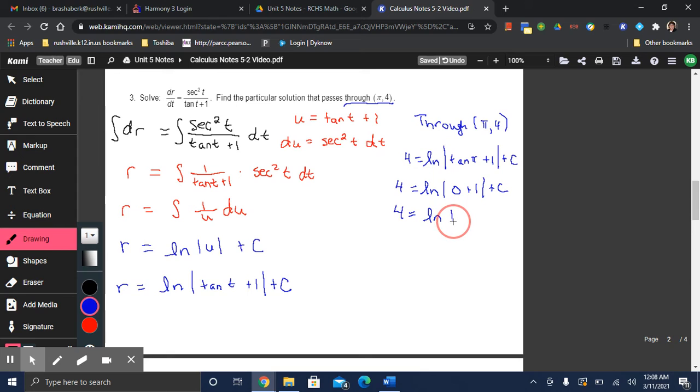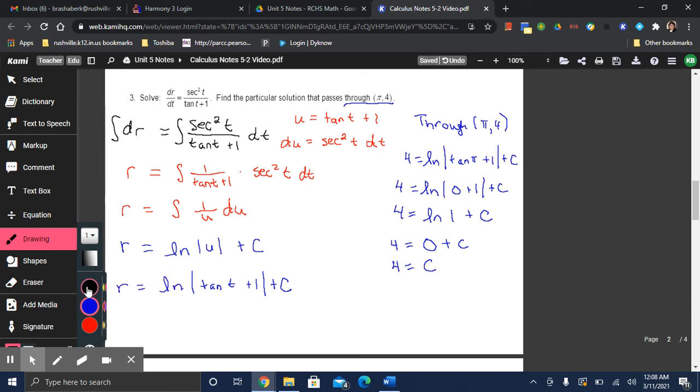So it's the natural log of 1 plus c. Well, this is asking e to what power is 1, and that would be a 0. So this is 4 equals 0 plus c, and so your c is a 4.